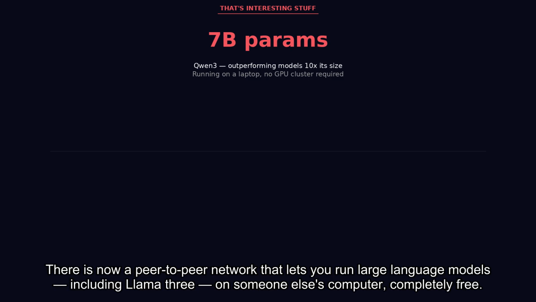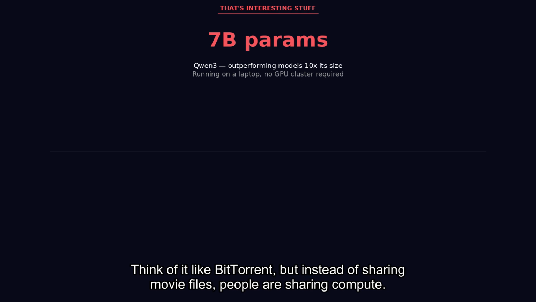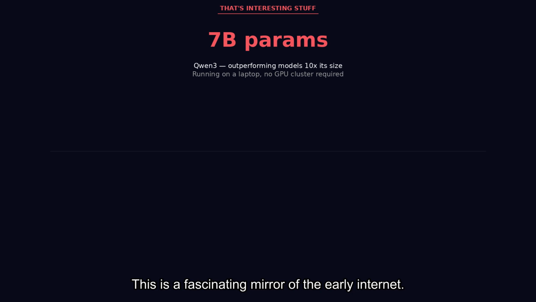There is now a peer-to-peer network that lets you run large language models, including Llama 3, on someone else's computer completely free. Think of it like BitTorrent, but instead of sharing movie files, people are sharing compute. This is a fascinating mirror of the early internet. BitTorrent broke the model of centralized file distribution.